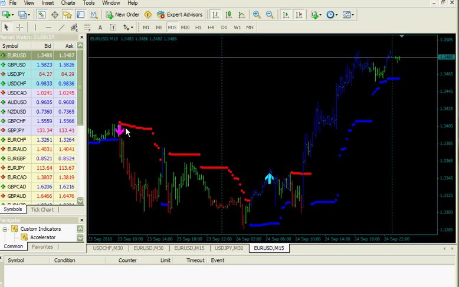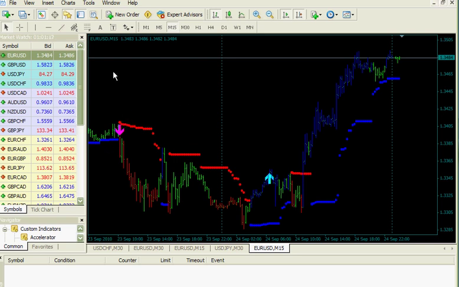If it's a sell signal, it will be a red arrow or a purple arrow, and if it's a buy signal, it will have to be a blue or cyan arrow. You also have to have a stop dot. If you don't have a stop dot below the arrow for a buy or above the arrow for a sell, you do not take the trade.